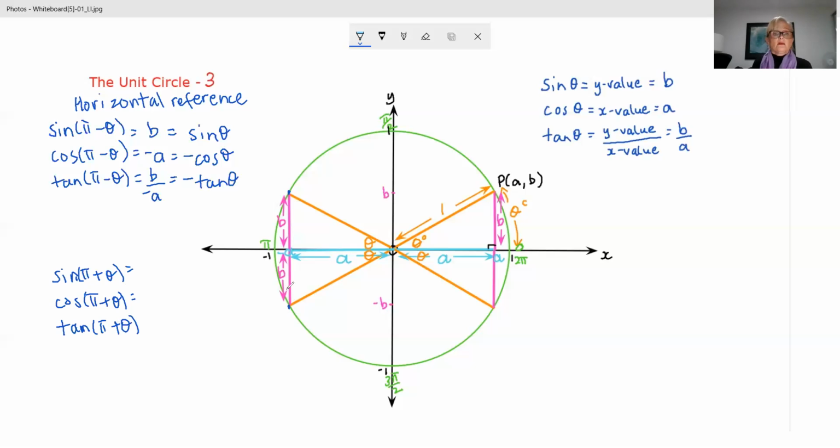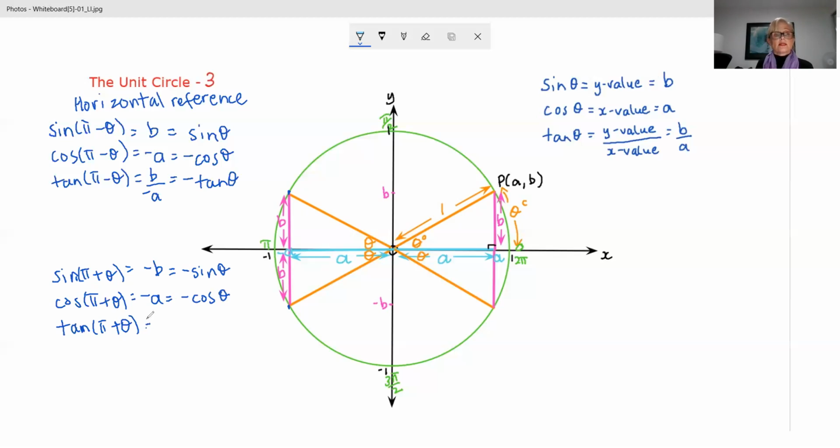All right, well, sine here is negative b, which is the same as sine of theta, but it's negative. Cos of pi plus theta is negative a, which is the same as cos of theta, but it's negative.